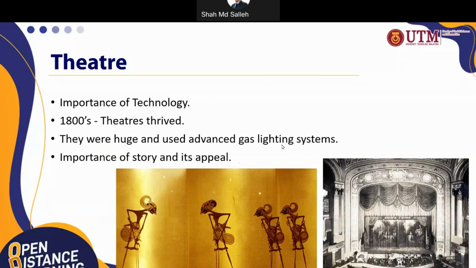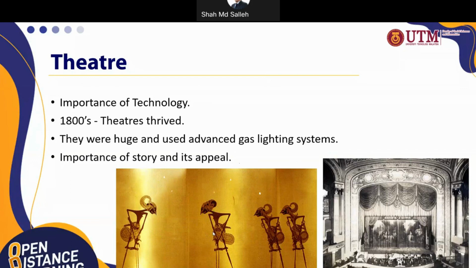Okay, using a manual system. In our country, for example, we call it wayang kulit. The concept is the same as the theater, but using puppets. Okay, moving. But the movement of this puppet is controlled by the one we call tok dalang.